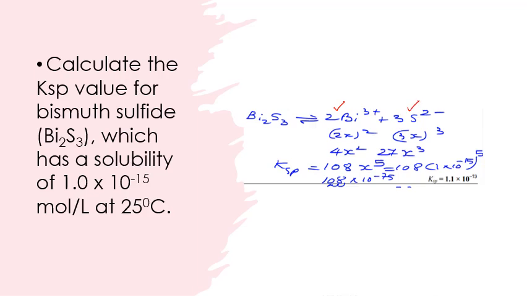And then we will get the formula 108 times x to the power 5. So then you just substitute the x value given in this question, which is 1.0 times 10 to the power negative 15, to the power 5, and you should get the answer 1.1 times 10 to the power negative 73.